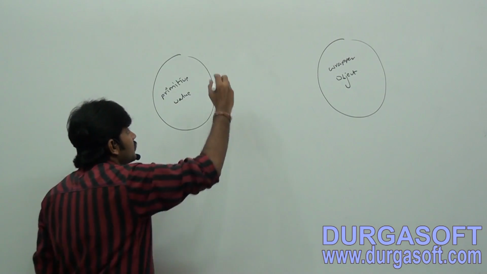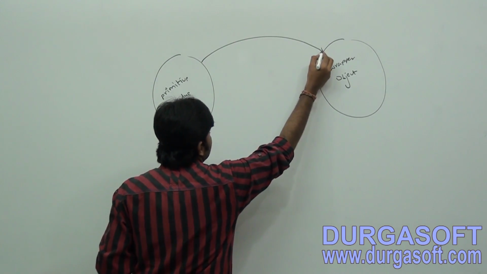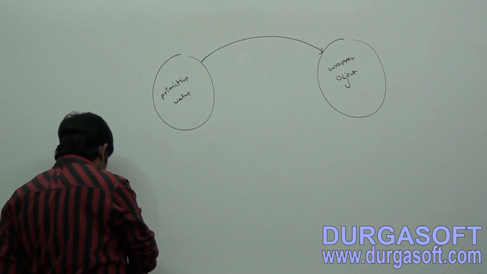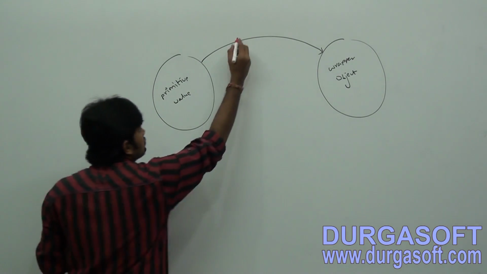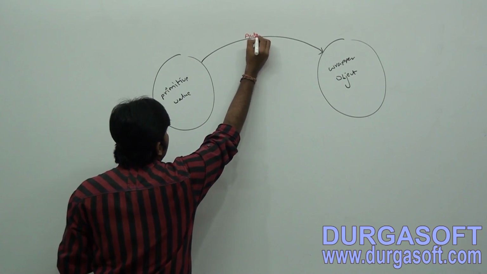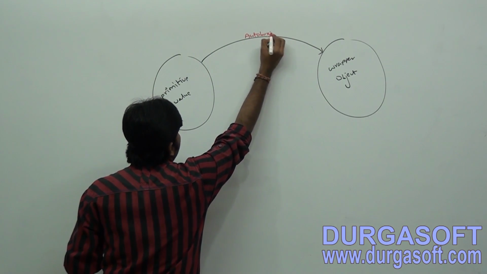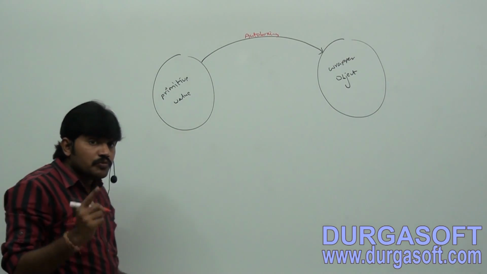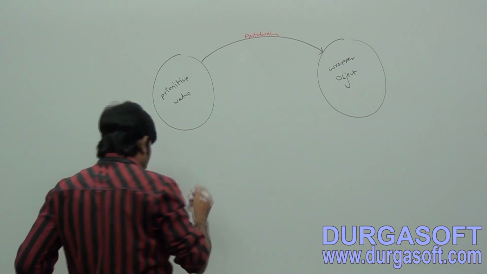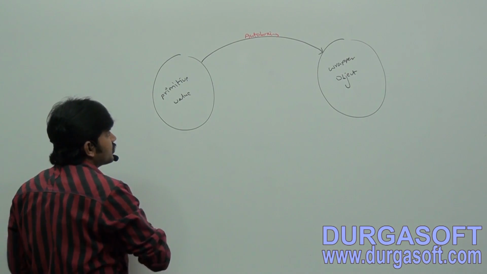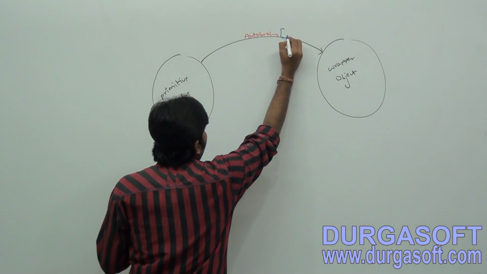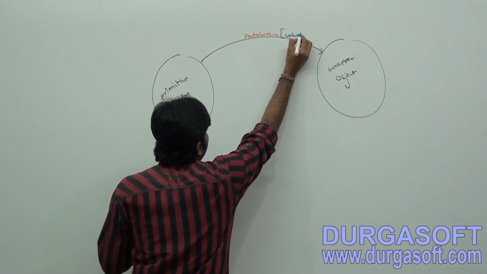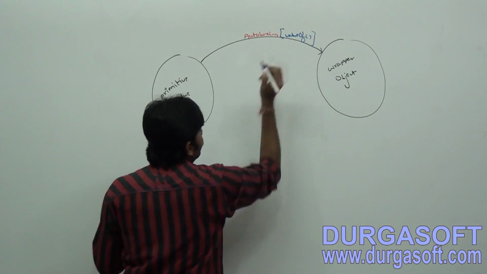Do you know what this conversion is called? Autoboxing. Internally, which method will it use? The valueOf method. Correct or not?